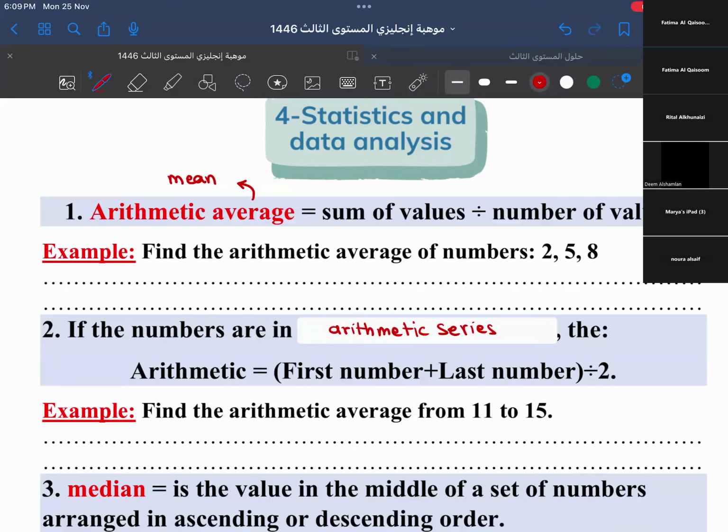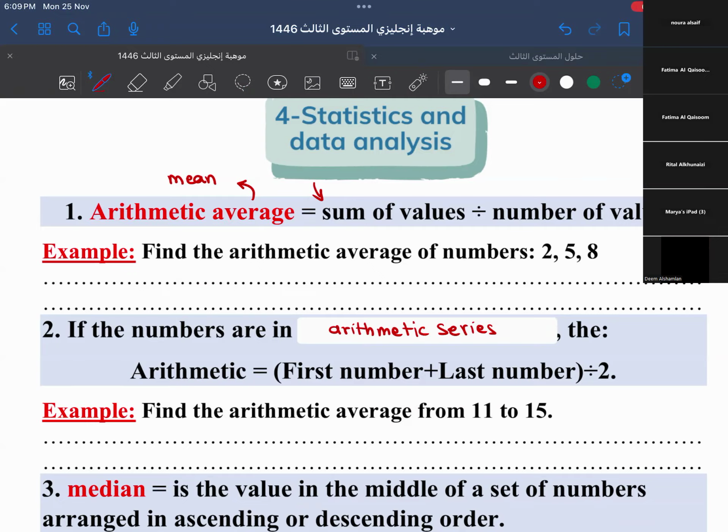Okay, so who wants to do question 1? Find the arithmetic average or the mean of the numbers 2, 5, and 8. Anyone? You can try and do the equation above. Ammar, you want to try?